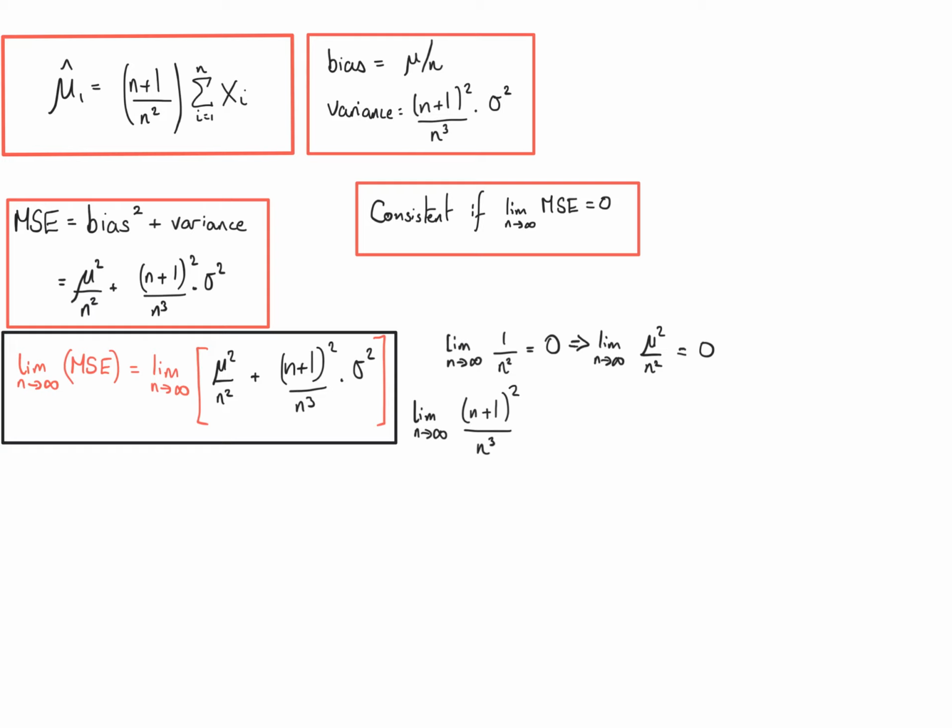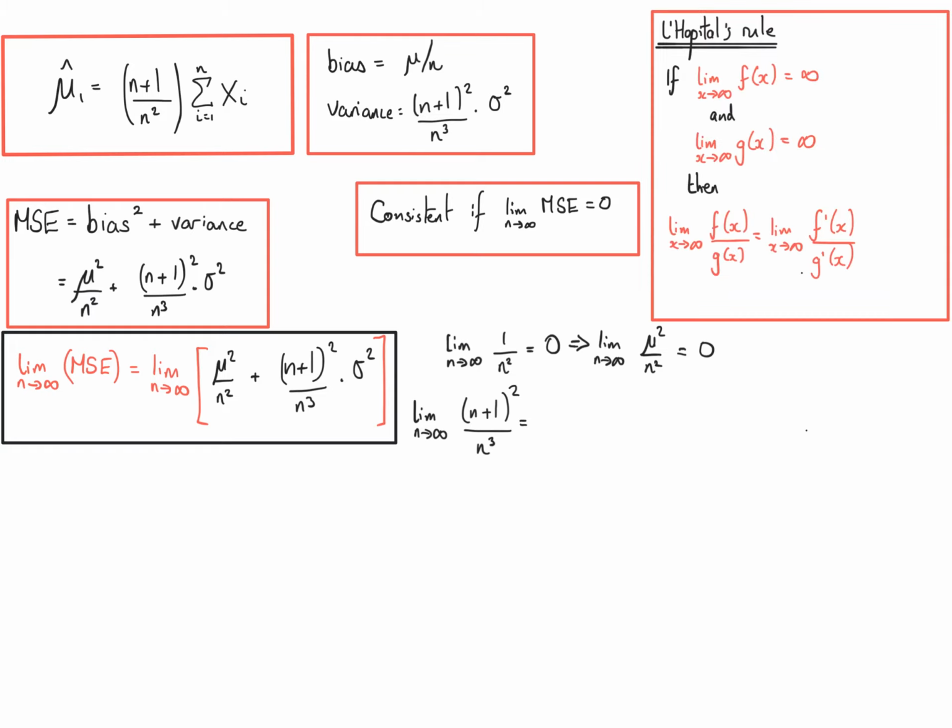So it's not immediately clear what we're going to have to do, but we're going to apply L'Hopital's rule, which says that if we've got the ratio of two functions, both of which tend towards infinity as n tends towards infinity, then the limit is the same as the limit, as n tends towards infinity, of the derivative of the numerator over the derivative of the denominator.